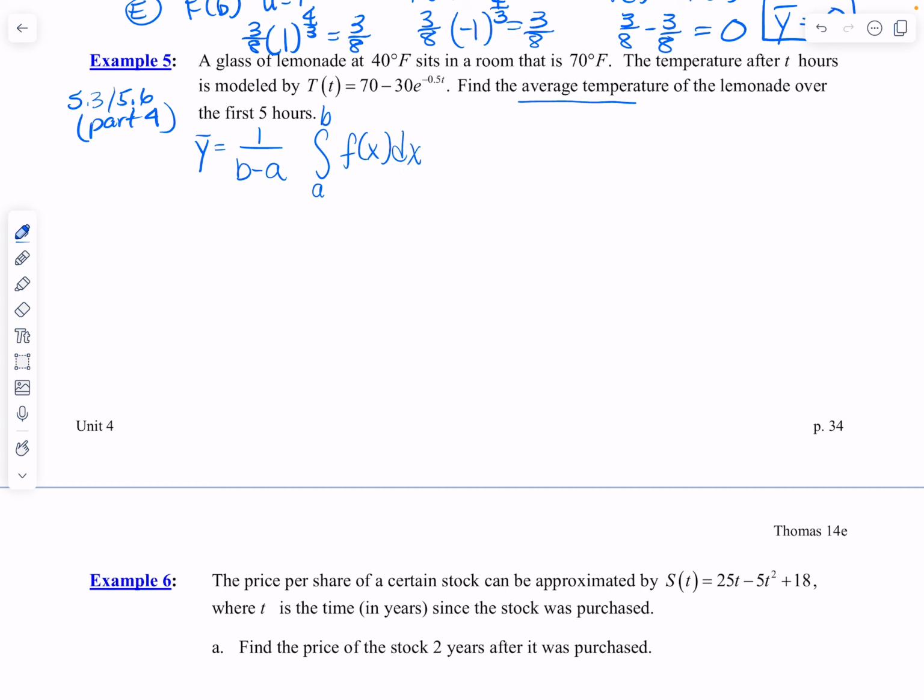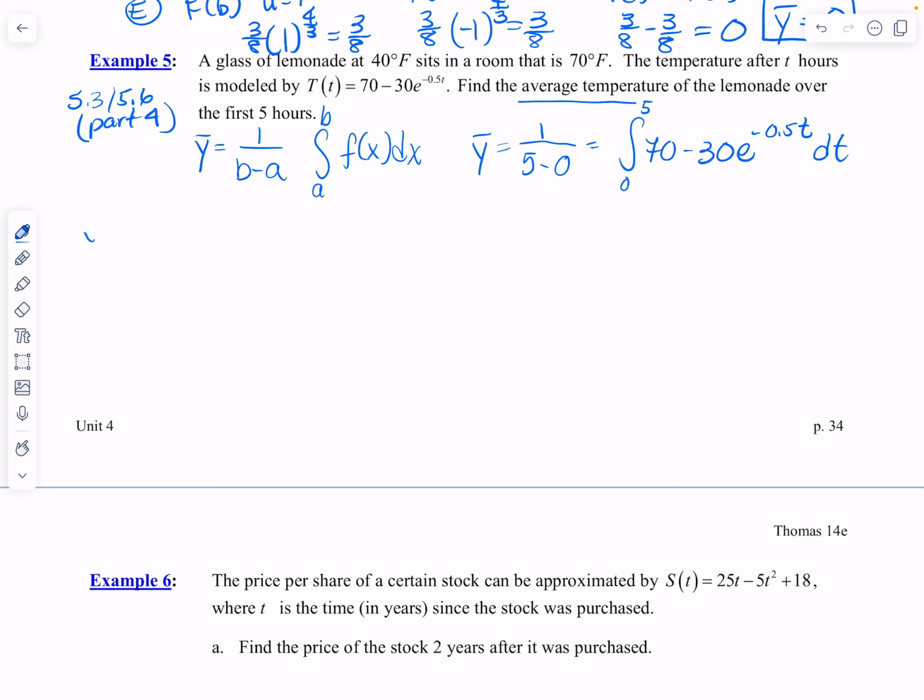Let's put the pieces together. 1 over b. b in this case is going to be 5 because that's the time that has surpassed, and a is 0. So I'm going to integrate from 0 to 5 the function 70 minus 30e to the negative 0.5t dt.